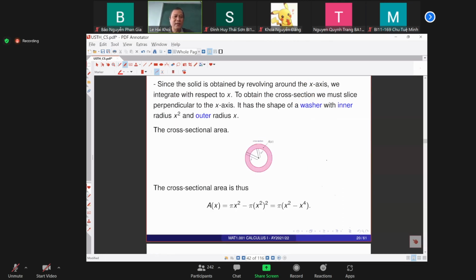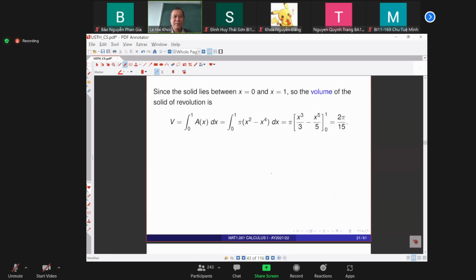Okay, so here, that's why the area here is the bigger one, subtract the smaller one, and you have this formula: integrand pi x squared minus x to the fourth, and then compute from 0 to 1. You get the answer 2 pi over 15, right?